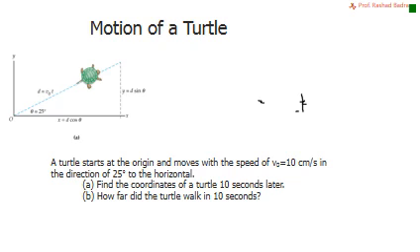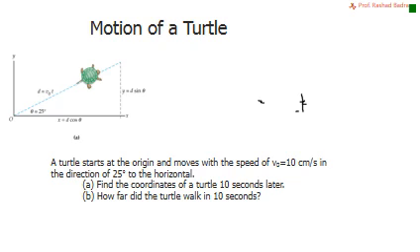Now, if you look at the diagram, the turtle moved a distance, or it is at a position d from the origin as a vector, and this d is nothing more than the magnitude of the velocity times the time, because the speed here is constant and the angle is constant, so the velocity of the turtle is considered constant.